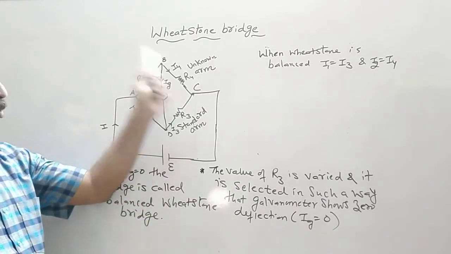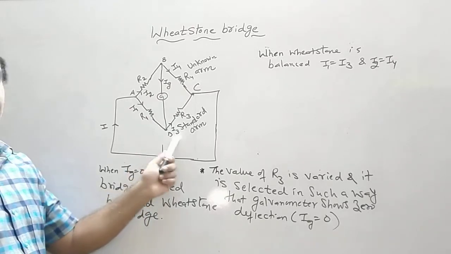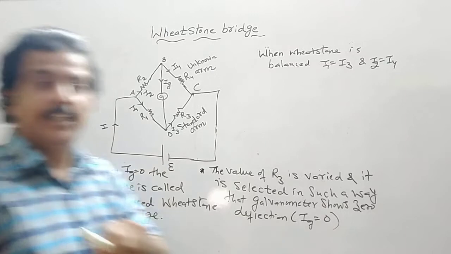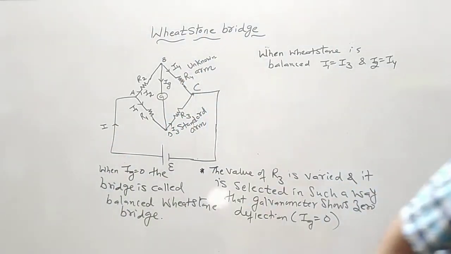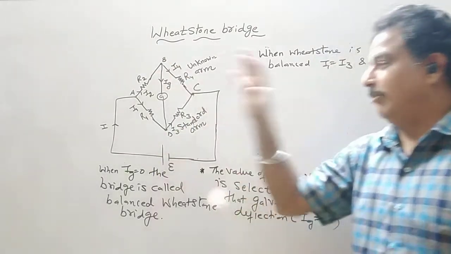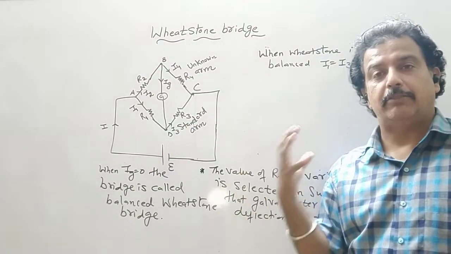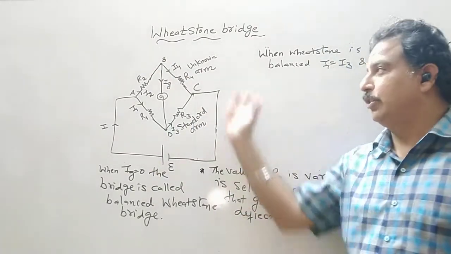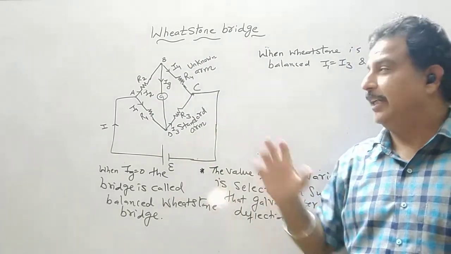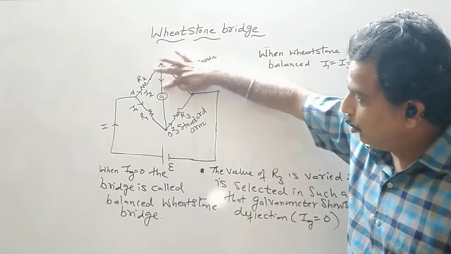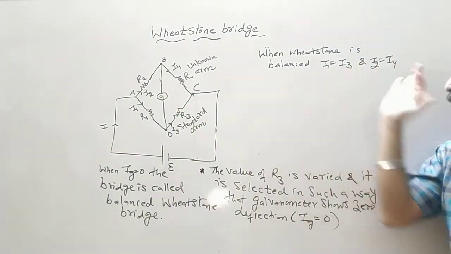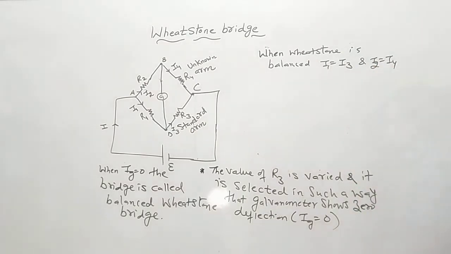I will write I2 here. Instead of I3, I will write I1. But because when we started our discussion, we assumed that a Wheatstone bridge is unbalanced, we took different currents in the arms. But when it becomes balanced, no current is flowing through this, and therefore I1 is equal to I3 and I2 is equal to I4.